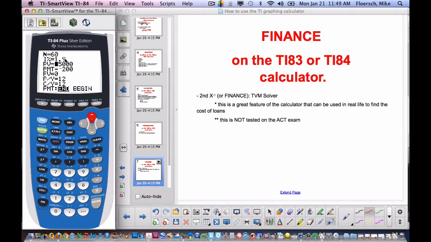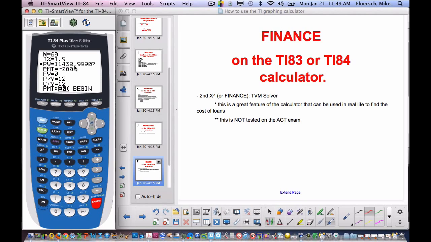Let's say it's 1.9% and you're still getting a 5-year loan. Now I highlight principal value, hit alpha, enter, or solve, and it tells me I can actually afford, for $200 a month, $11,438.99, or basically an $11,439 loan or car.